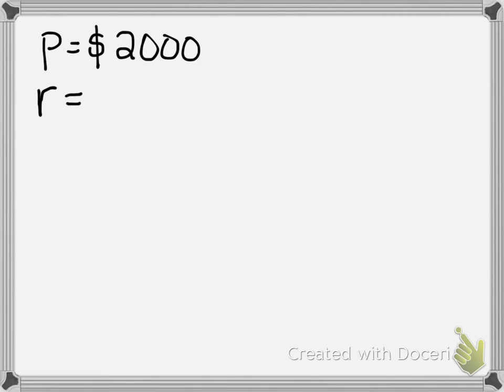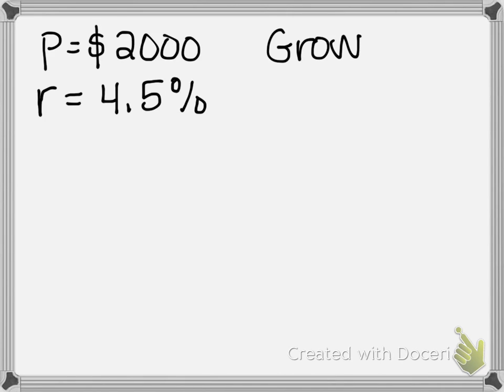Alright, so if I give you an example and I say that, let's say your initial amount is $2,000, and I say that your rate is 4.5%, and I tell you that it's growing, then that means that we are going to have to do 1 plus r.